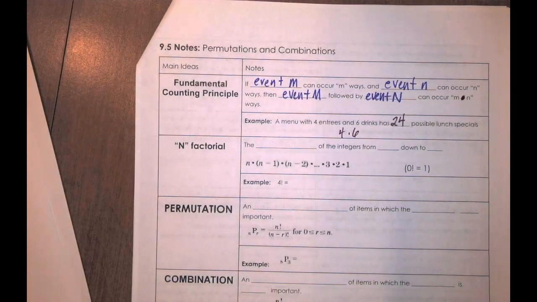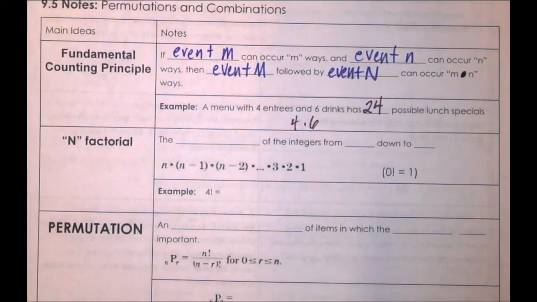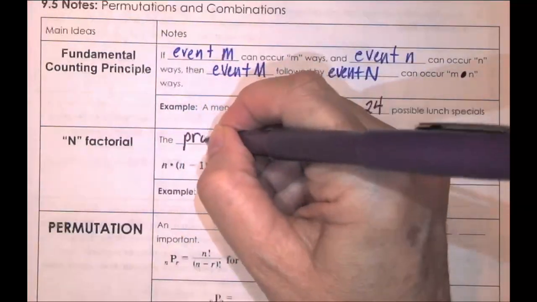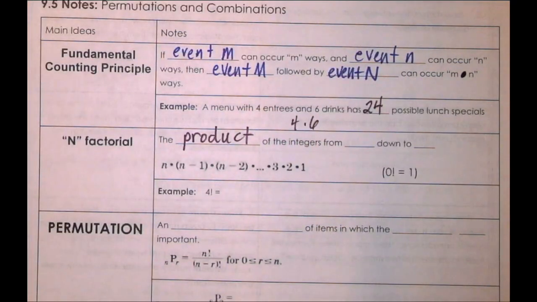So for our permutations and combinations, we need to learn something called a factorial. I believe this is the first time you've been introduced to this. You'll use it in future math classes, but I don't think you've used it yet. So what we call a factorial is the product. What does product mean? It means multiply.